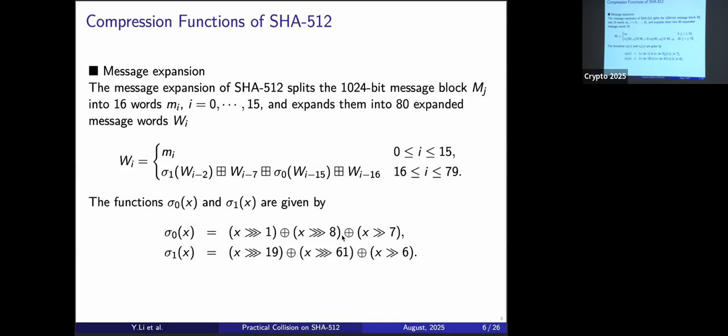Then it expands them into 80 expanded message words W_i. For i from 0 to 15, W_i is M_i. For i from 16 to 79, W_i is updated by this equation, where sigma 0 and sigma 1 are given by these two equations.